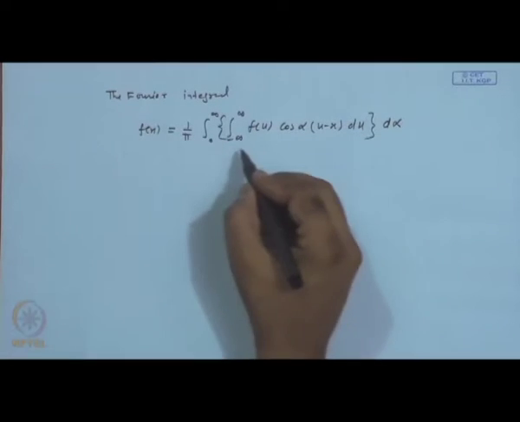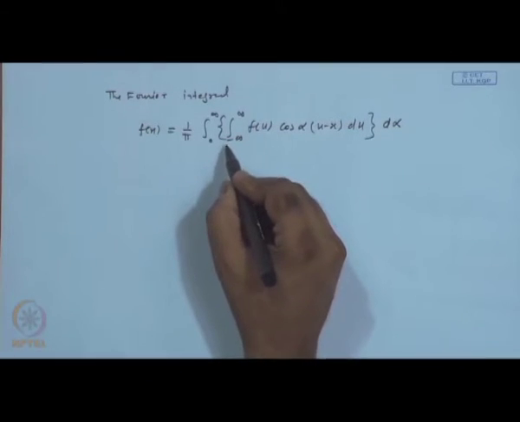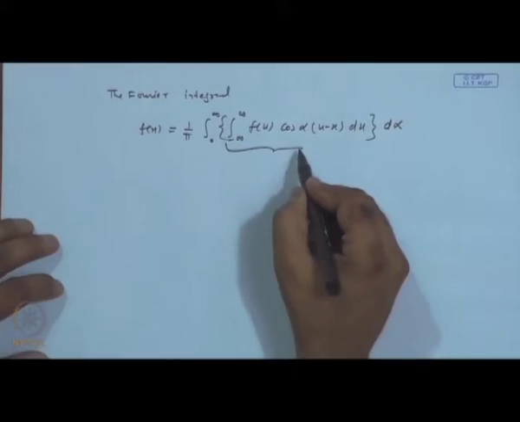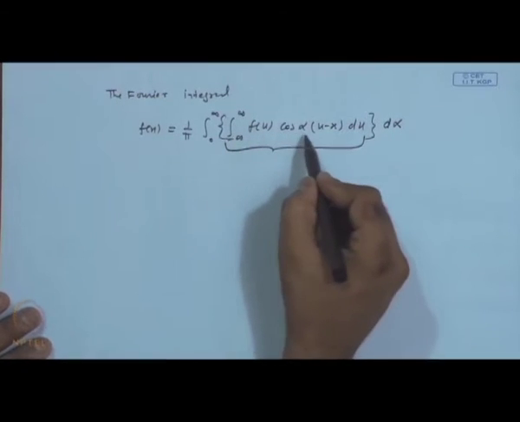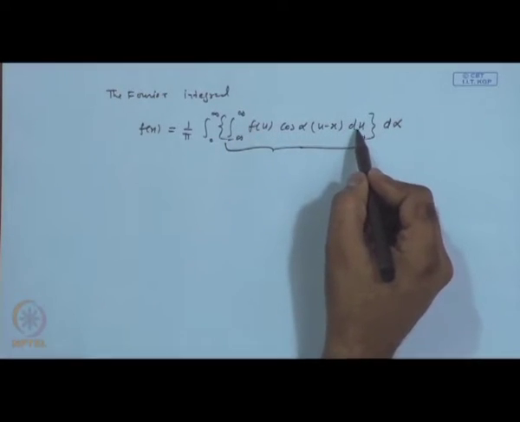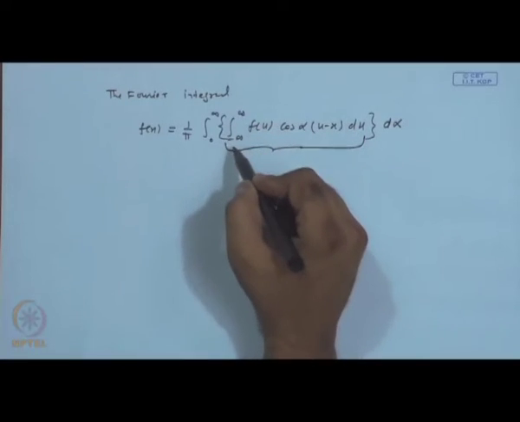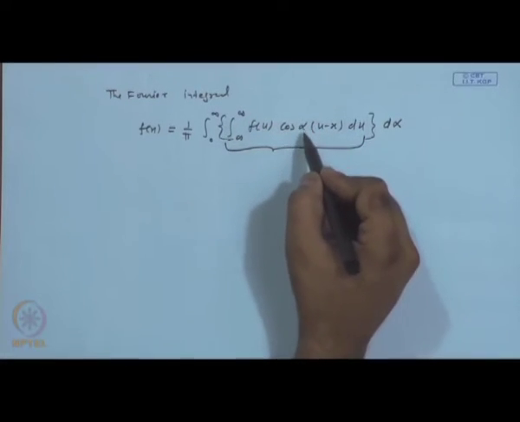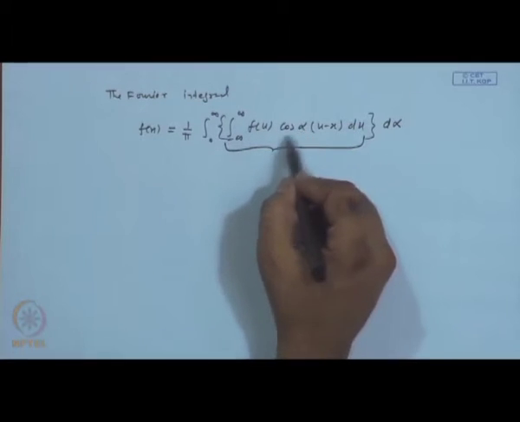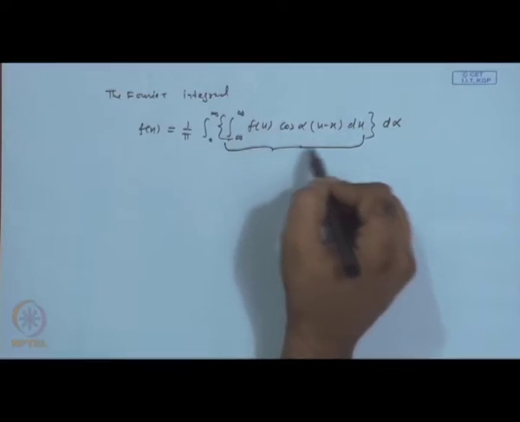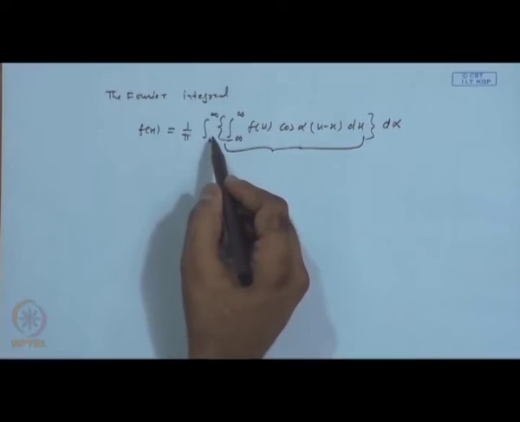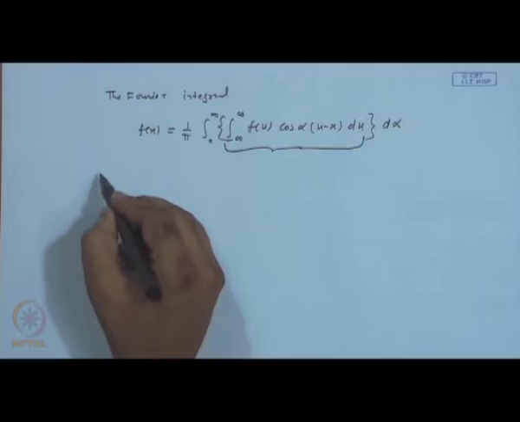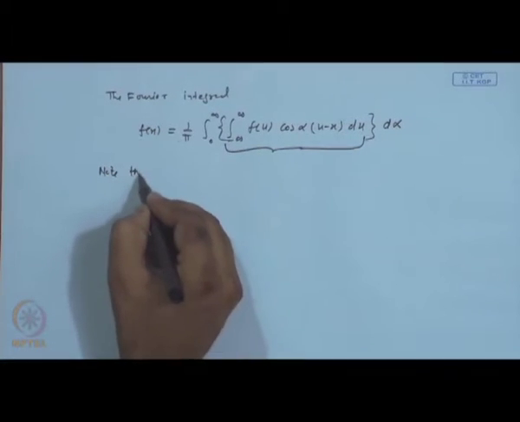Okay, now we note that this integral from minus infinity to plus infinity of f(u) cos alpha (u minus x) du is an even function of alpha, because if we change this alpha by minus alpha, this integral will remain the same. So what we can write in this case, let me write down.